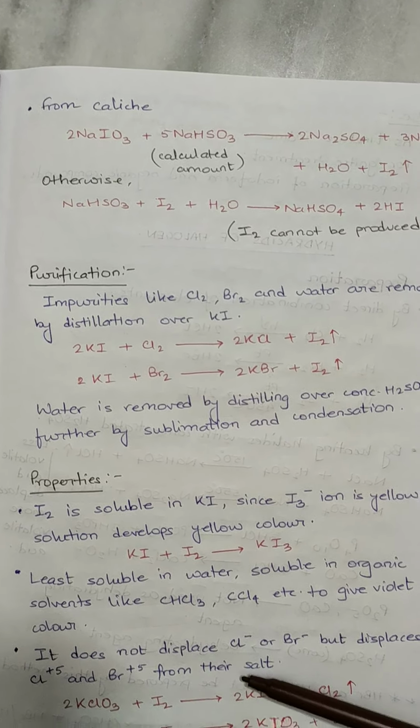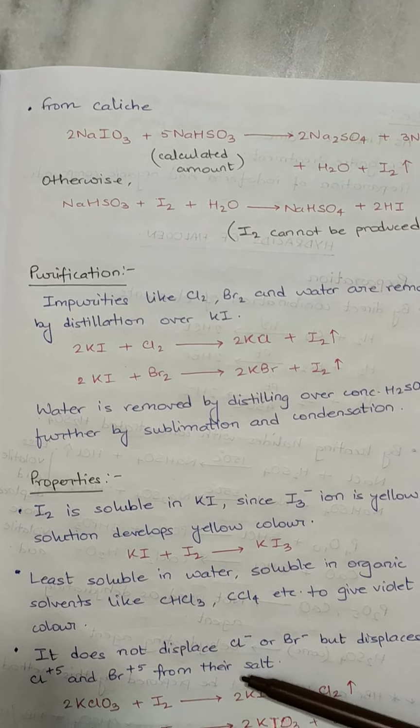As you can see, chlorate gets reduced to chlorine, bromate gets reduced to bromine in presence of iodine. Chlorate and bromate salts show chlorine and bromine in plus 5 oxidation state.